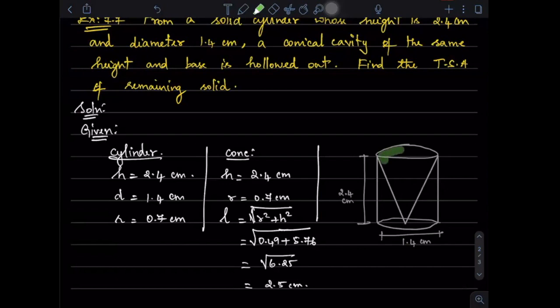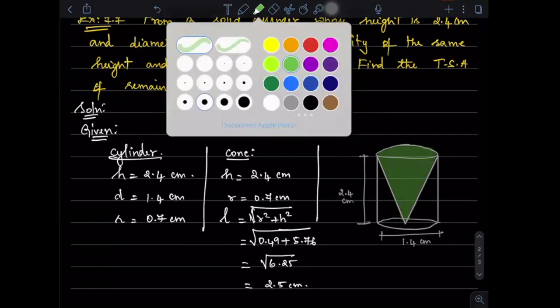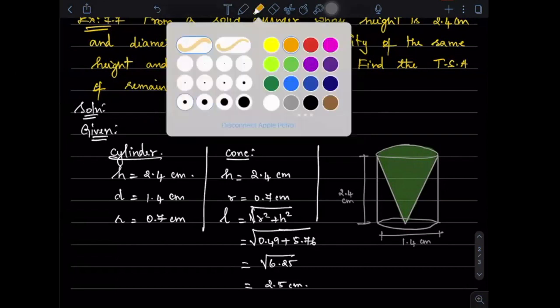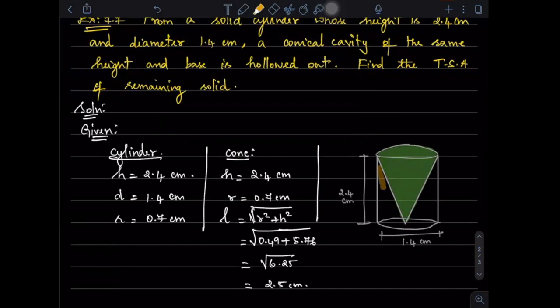This space becomes empty. You understand? This green portion they are removing. Once you remove this green portion, what is the left out portion? Remaining solid. So this is the remaining solid. Is it okay? Now this has a base, right?